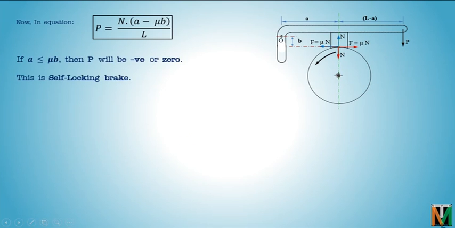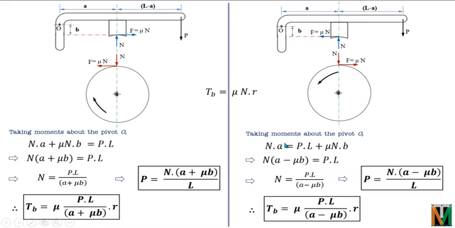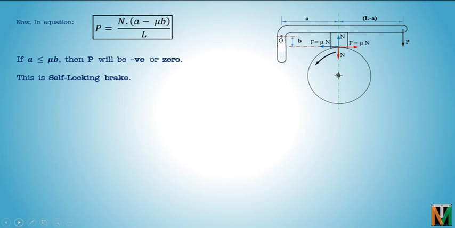Now next, here we had this equation NA is equal to PL plus mu N into B. PL is the moment of the force P that is applied on the lever, and mu N into B is the moment of the frictional force. In this equation, NA equals PL plus mu N into B, what we see here is that the moment of the force P is aided by the moment of the frictional force.